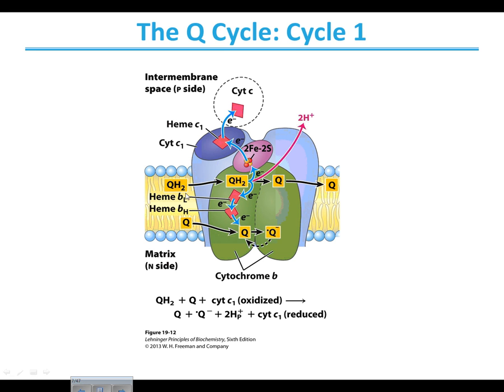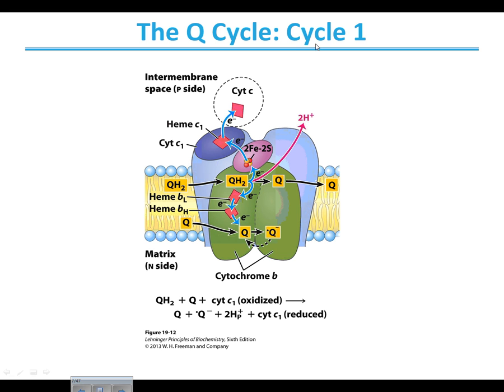So again, step 1, completely reduced coenzyme Q from complex 1 or 2 comes into the binding site of complex 3. 1 electron is donated through an iron-sulfur cluster and a heme into cytochrome C. The other is pumped to another molecule of coenzyme Q. The moment this original coenzyme Q that was fully reduced gets rid of its electrons, it has protons on it too.